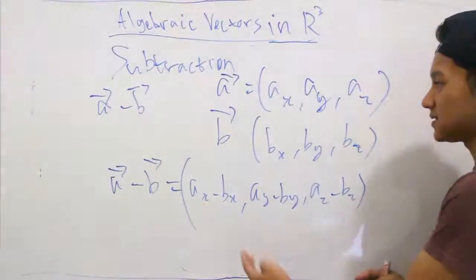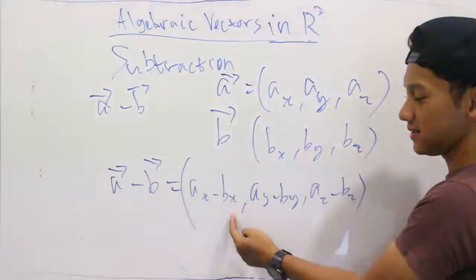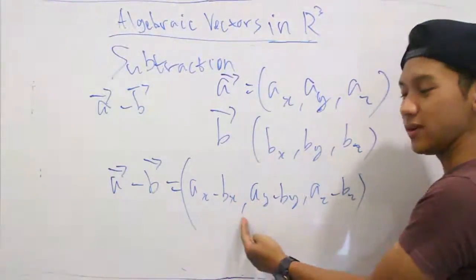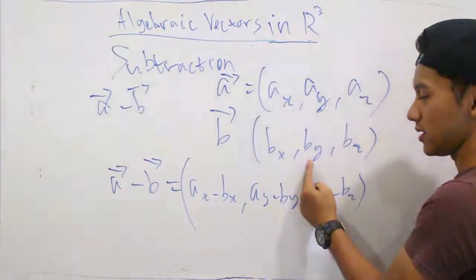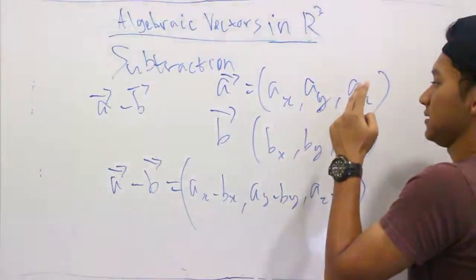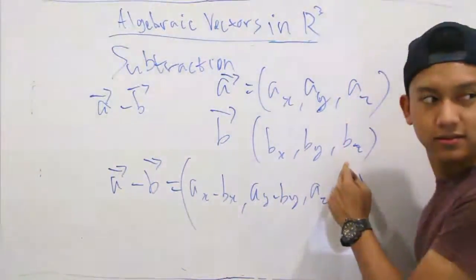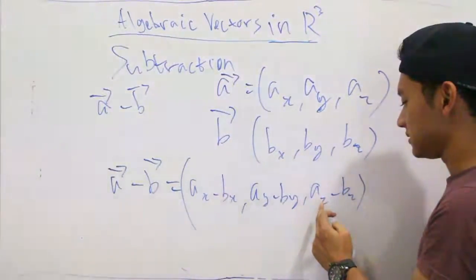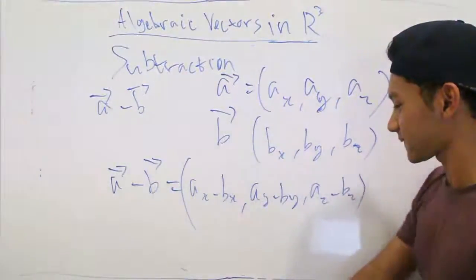This basically means the AX coordinate minus the BX coordinate to find the new x coordinate, the y coordinate of A minus the y coordinate of B to find the new y coordinate, and the z coordinate of A minus the z coordinate of B to find the new z coordinate.